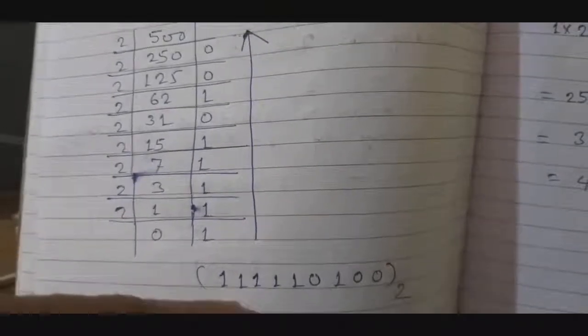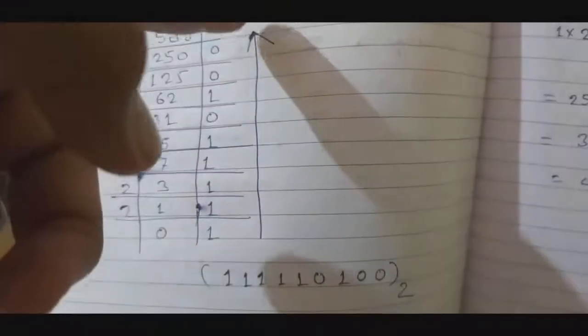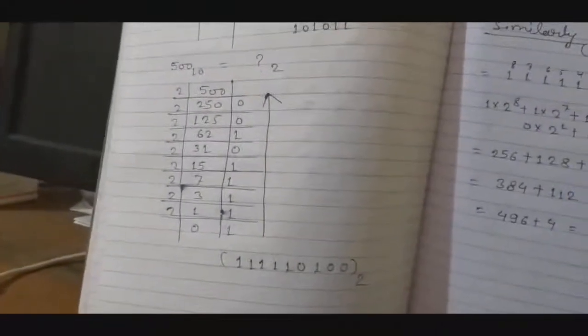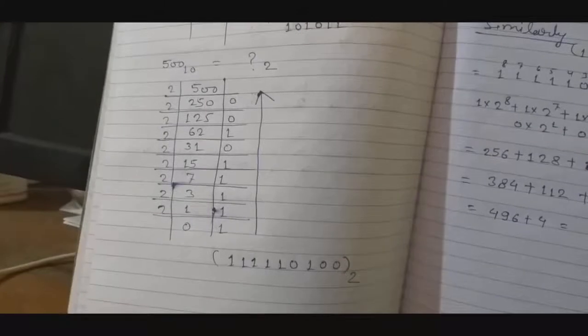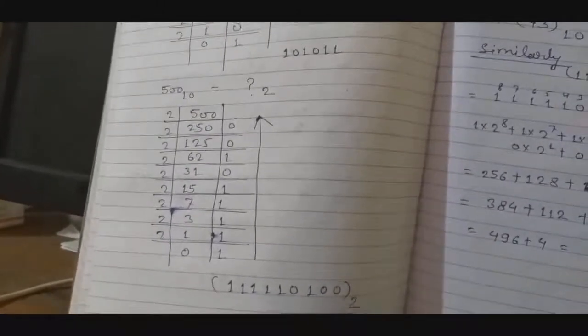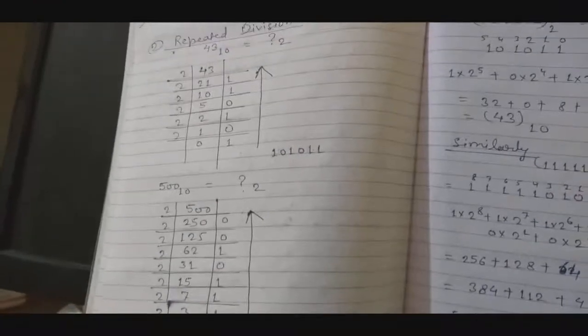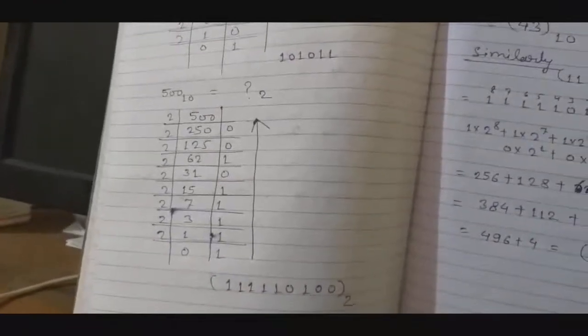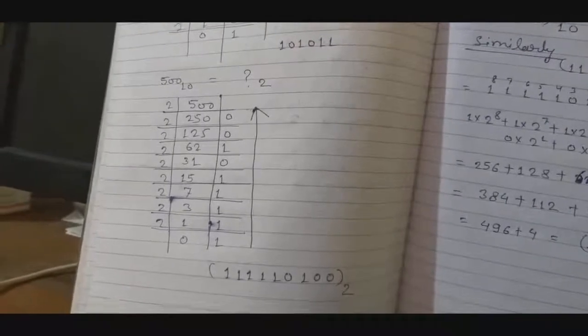Make it clear, we are writing from bottom to top. In this manner we have converted a decimal number into the binary number system. I think this concept might be clear to all of you, it's a very simple procedure. In this manner we can convert a decimal number into the binary number system.